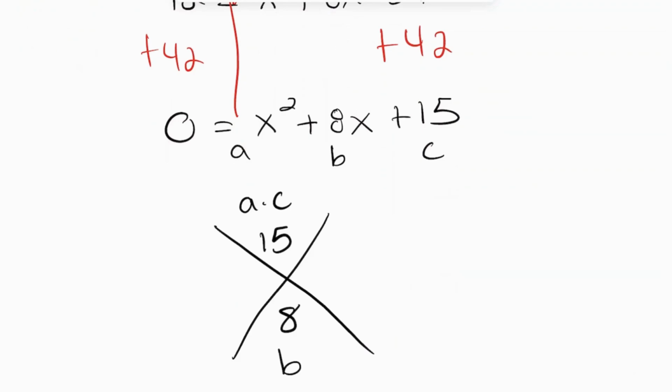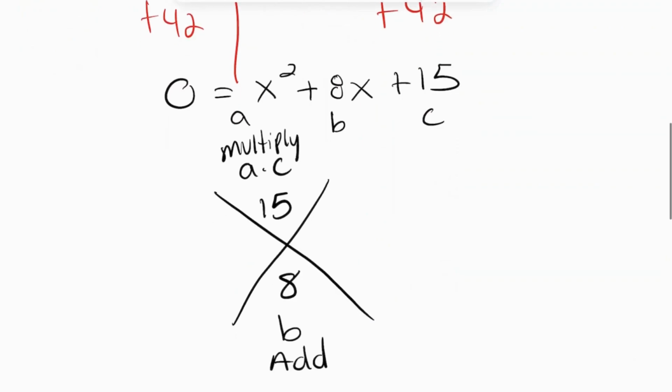So what two numbers can I multiply together that would give me 15, but when I add the two numbers, give me 8? Now, if this is a difficult part for you to do, you can always Google it. What are the factors of 15, right?